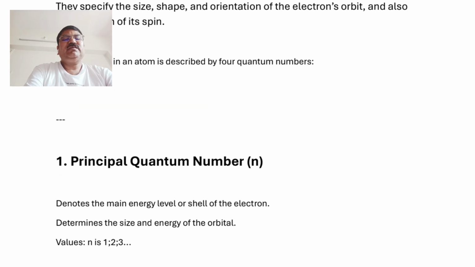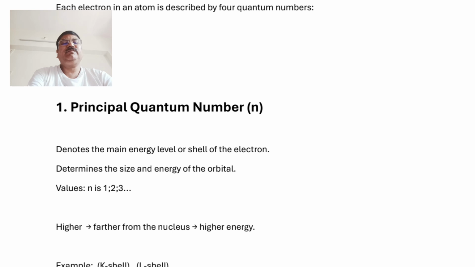Now the first quantum number is the principal quantum number. It is denoted by the letter small n.